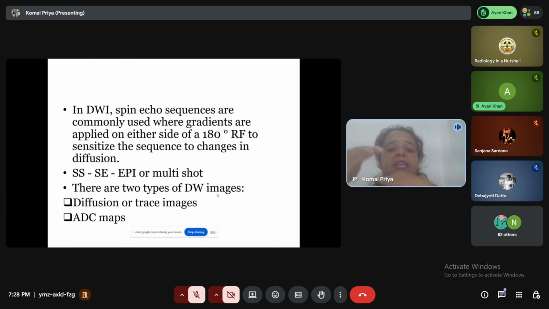Now let's understand both the images, how we acquire both, and how ADC will appear in both.